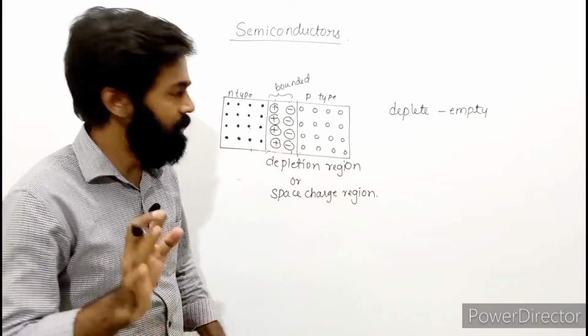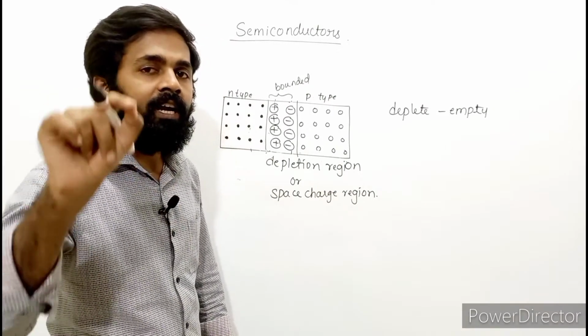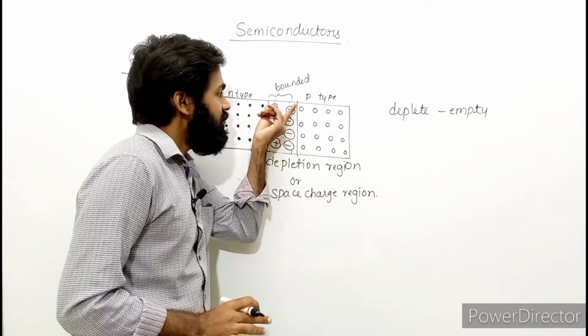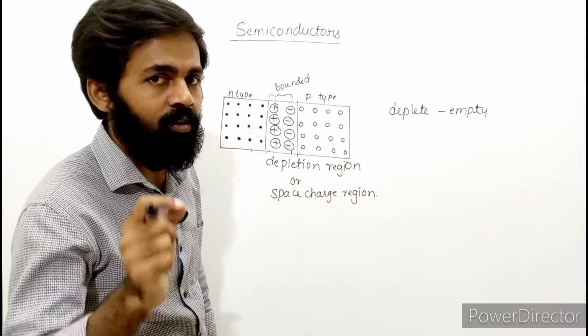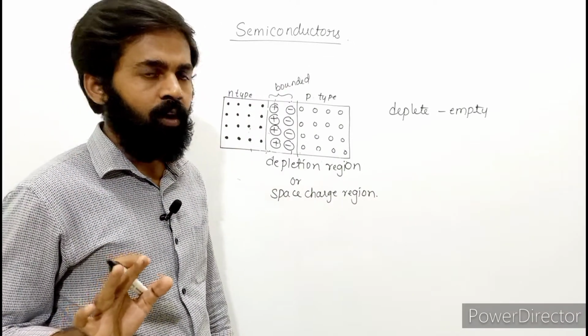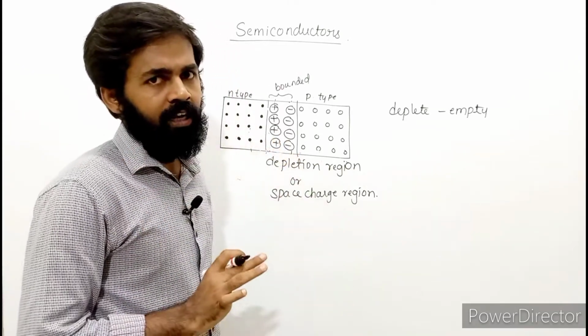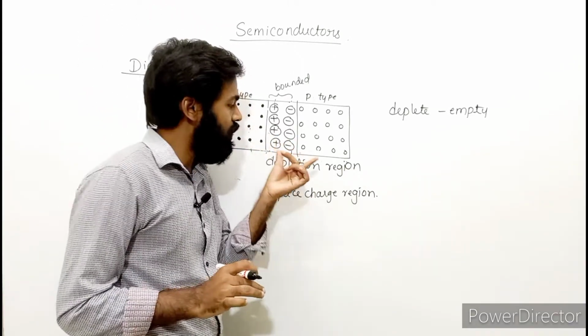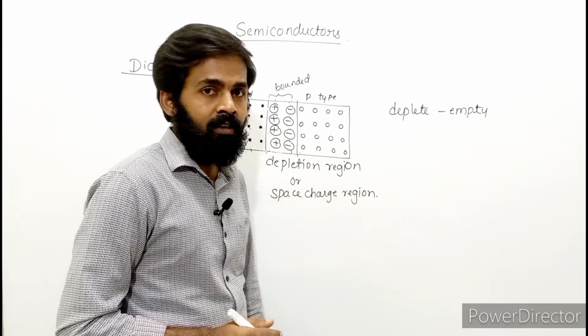In this region there are no free electrons or holes. You can see there are ions, there are no free charge carriers. It is emptied of free electrons and holes. That is why it is called as depletion region or space charge region.